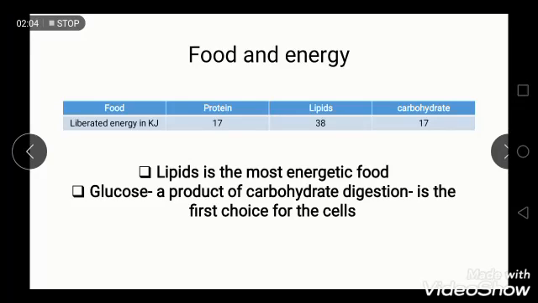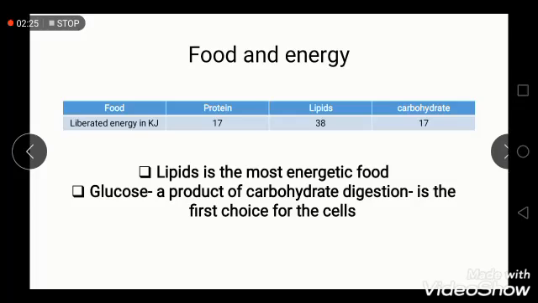For example, if you make any diet, first of all, you want to stop eating sugary food, right? Why? Because once they are digested, you will have glucose, and our body will have a huge amount of glucose, so it will use the glucose in order to produce energy.